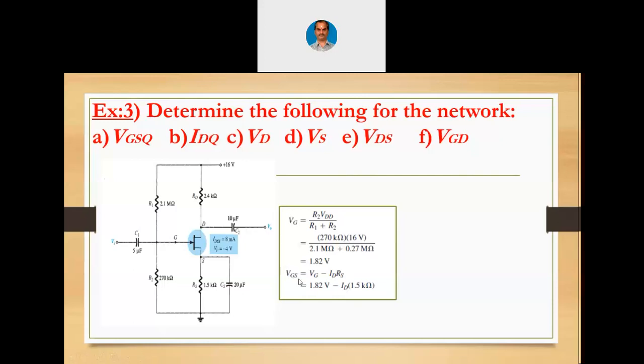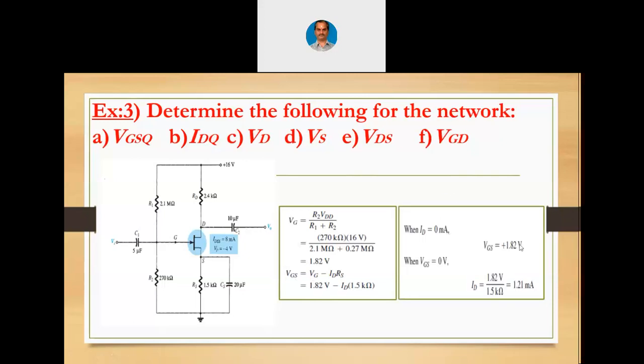Next, let us substitute VGS equals 0. Then ID equals 1.82 divided by 1.5k. Using these 2 points, we can plot that straight line.